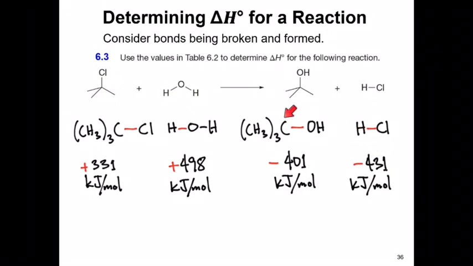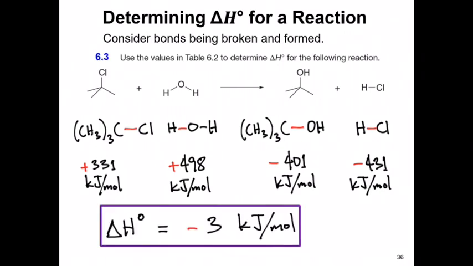And so in order to calculate the overall change in the enthalpy for this specific chemical reaction, all you have to do is take the sum of all the numbers to get delta H, and we will get -3 kilojoules per mole.